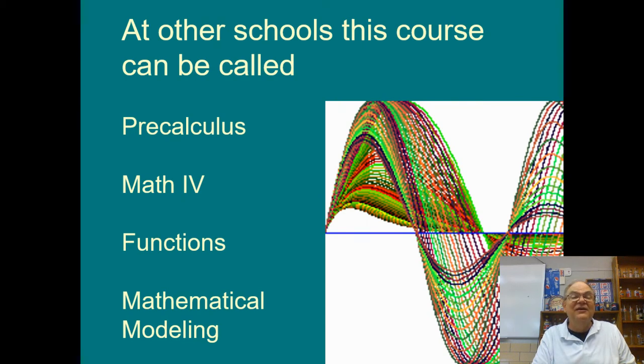And sometimes math analysis is not a choice, but if it does say something like pre-calculus or math 4, those are very good bets for what this course is going to be. The book that you're using is literally called Pre-Calculus, and so that is a pretty good bet for what you might choose. Some schools will call it functions. Sometimes it also will be called mathematical modeling. All of those are basically just different ways of saying the same thing.